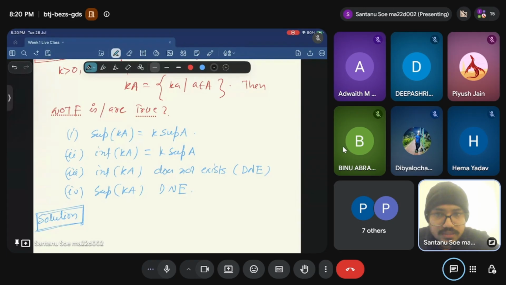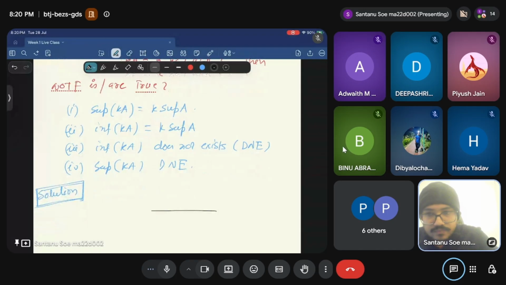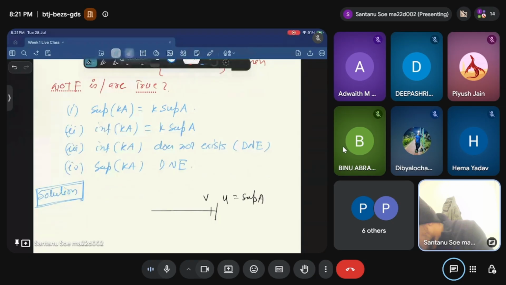So the idea is, if you take another element that you claim to be a supremum, then you can get an element between those two such that that number will be greater than your claimed element. I'll explain here. So let's say this is a set A, and this is U, and U is the supremum of A. Now if you say that this V is the supremum, then between U and V you will get a number which will be strictly greater than V. So let's say this V is U minus epsilon.